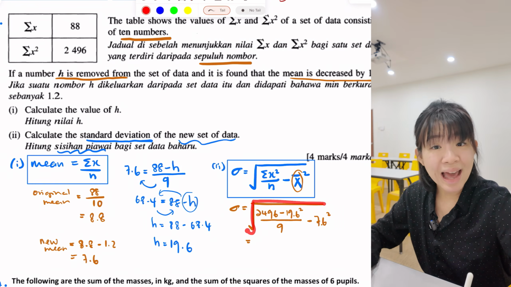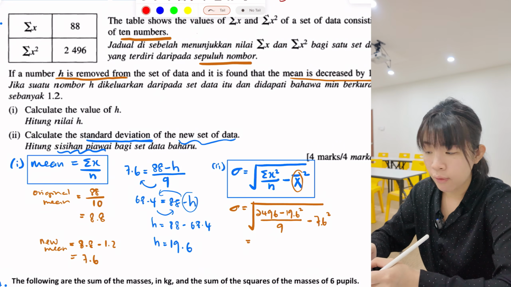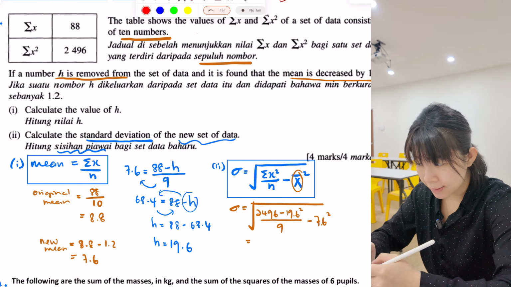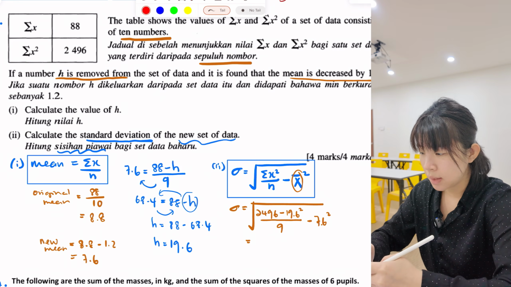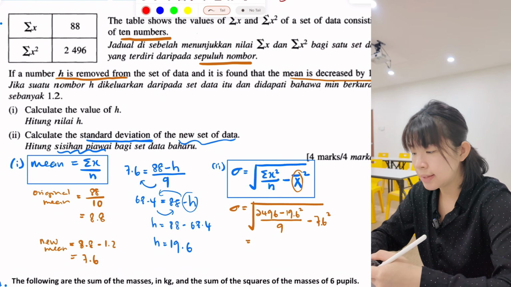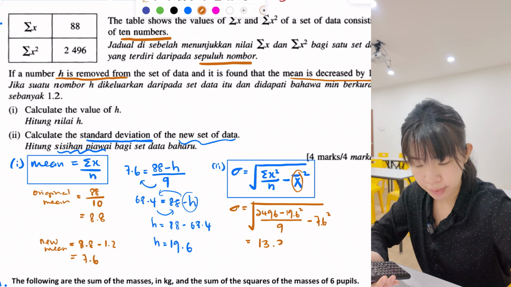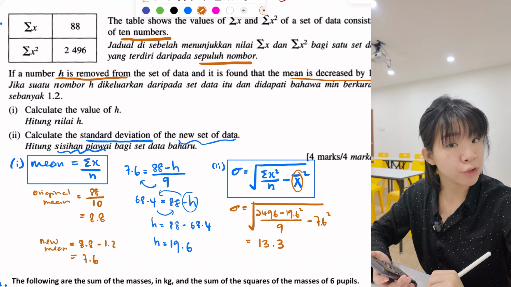Key in the square root last, key in everything inside first: 2496 minus 19.6 square, divided by 9, minus 7.6 square, then square root the answer. The final answer you should get is 13.29999, so it will be 13.3.